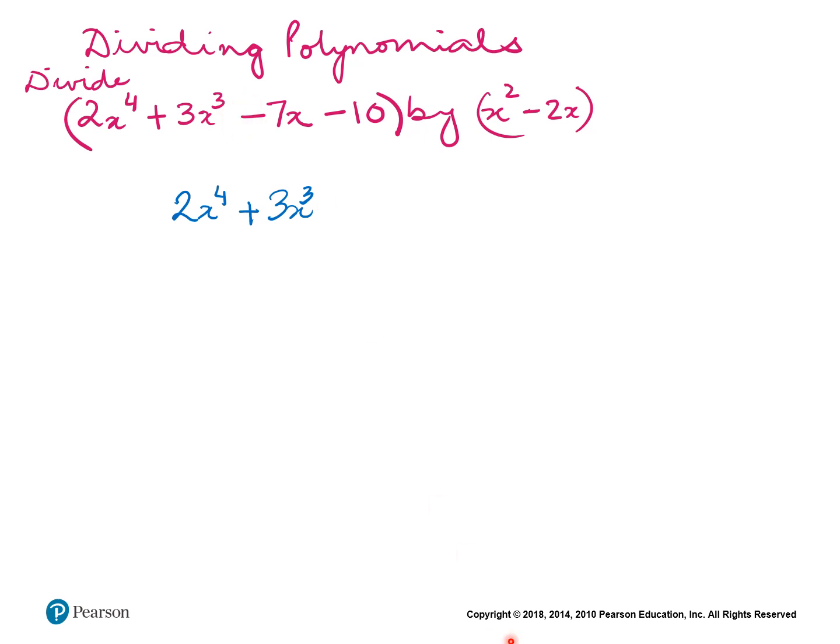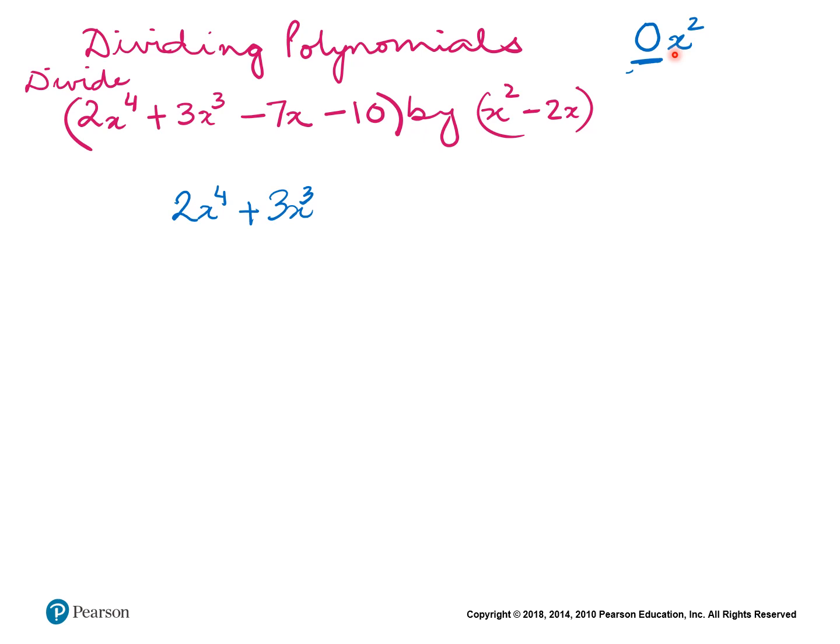And the reason it's missing is because the coefficient of the x squared term is a 0. That's the reason this whole term became a 0, and we don't need to include it in the polynomial. All right. However, when we are performing the long division, it is important that we make that missing term visible.